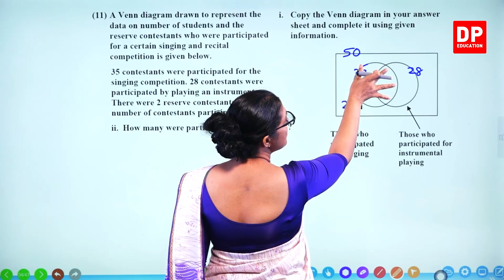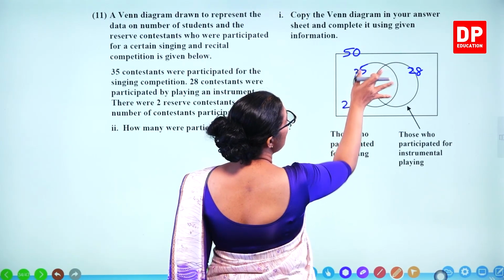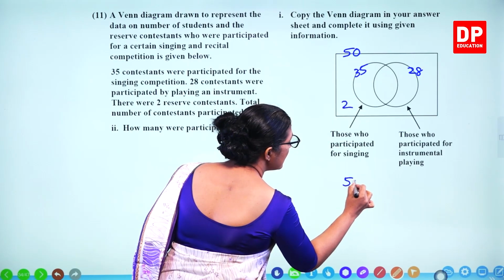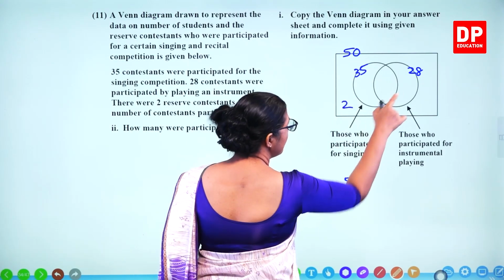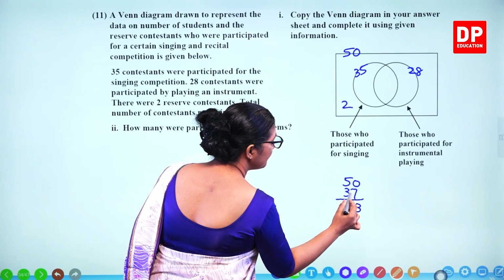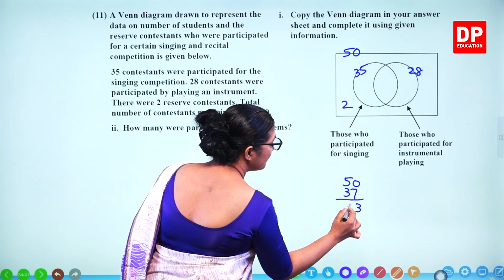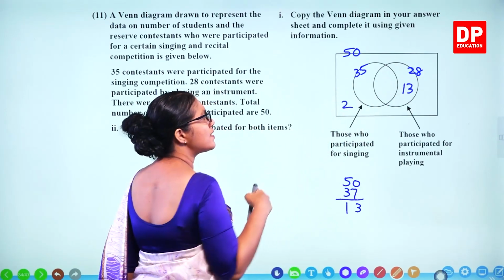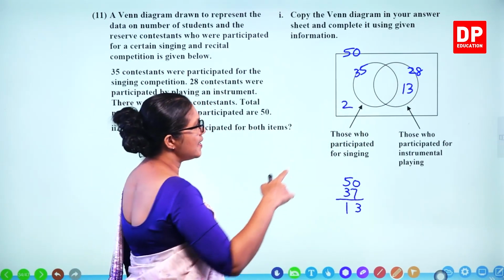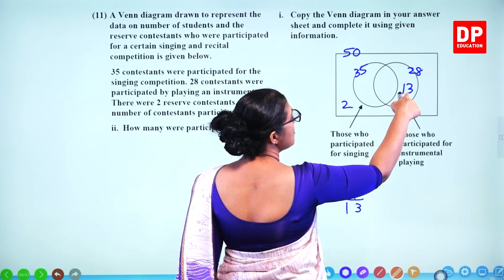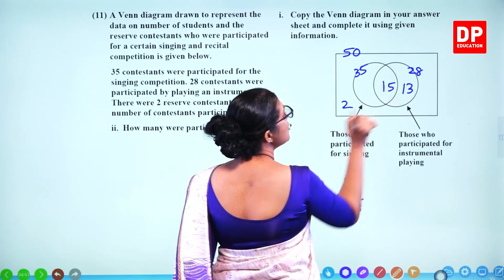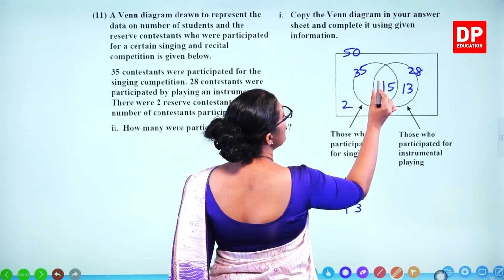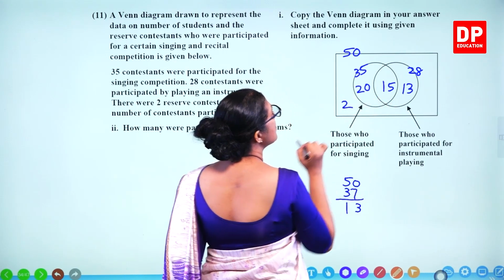This whole circle is 35. 35 and 2 is 37. 50 minus 37, you get 13 here. Then if the whole circle is 28, what is here? 28 minus 13, that's 15. If this is 15, this one you get 20.